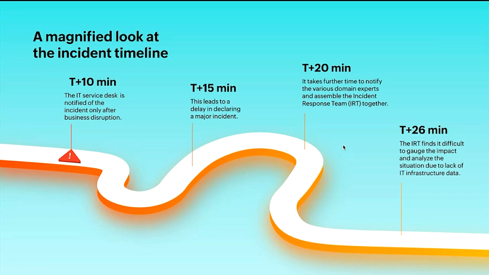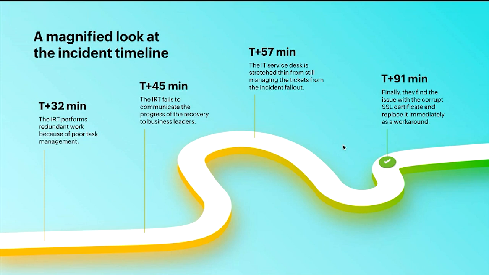After 20 minutes from the time of the incident start, the IT team start an incident response team, and 26 minutes down the line, they still find difficulties in bringing up all of them together and setting up an IRT team, because the IRT team is working in a siloed environment, right?